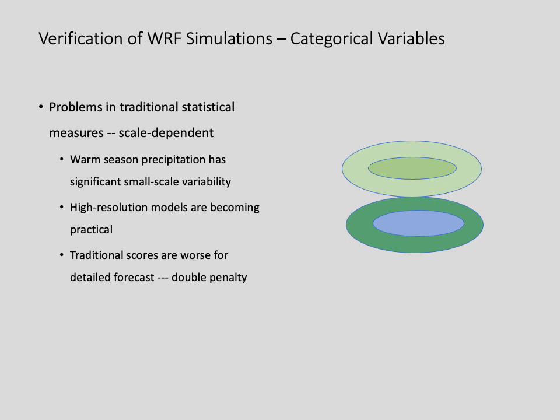The double penalty issue, as illustrated by this diagram, is especially serious and often leads to worse verification scores. Apparently, the traditional scores are no longer appropriate for this detailed forecast.